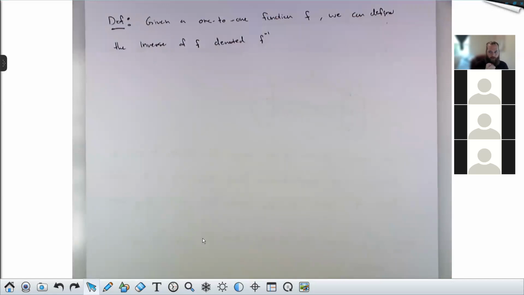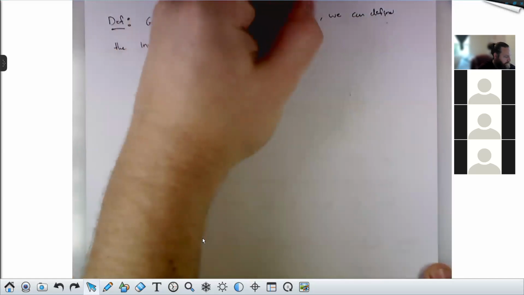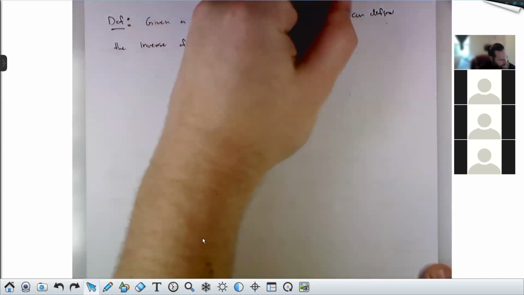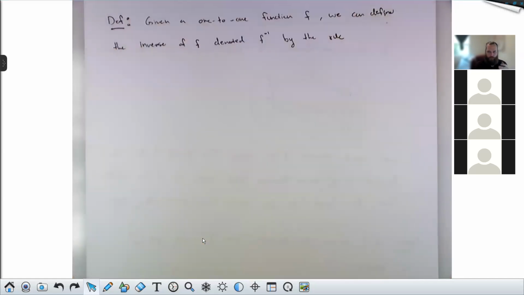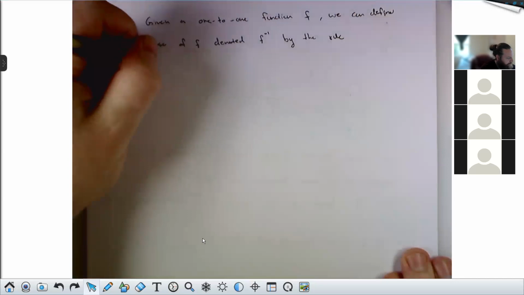It just means the word inverse in the sense that we were just discussing: turns the arrows around, runs the machine backwards. Denoted f inverse by the rule. And I'm going to write this down in two different forms, one using that circle symbol and one just using the function notation with the parentheses.